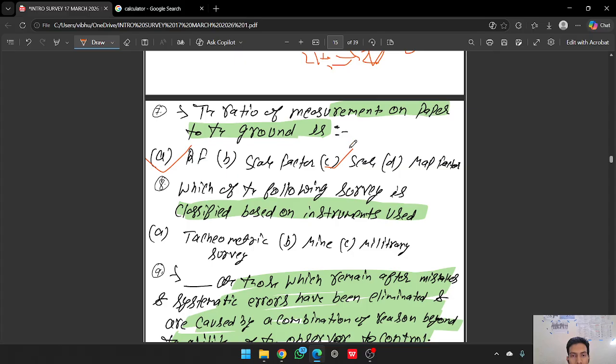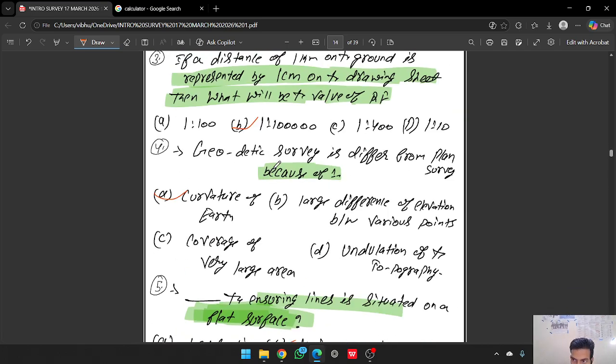Here it will be scale. Sorry, not representative factor. Representative fraction is like shrunk upon original.